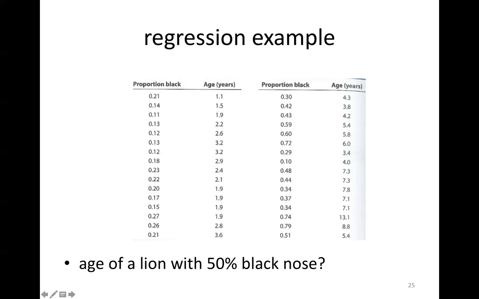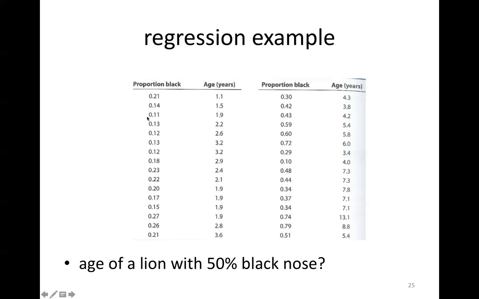The example is slightly off because in reality, the biological relationship is such that by age, some phenotypic change happens, right? So at the biological level, age would be the explanatory variable, and the amount of black in the nose would be the response variable.